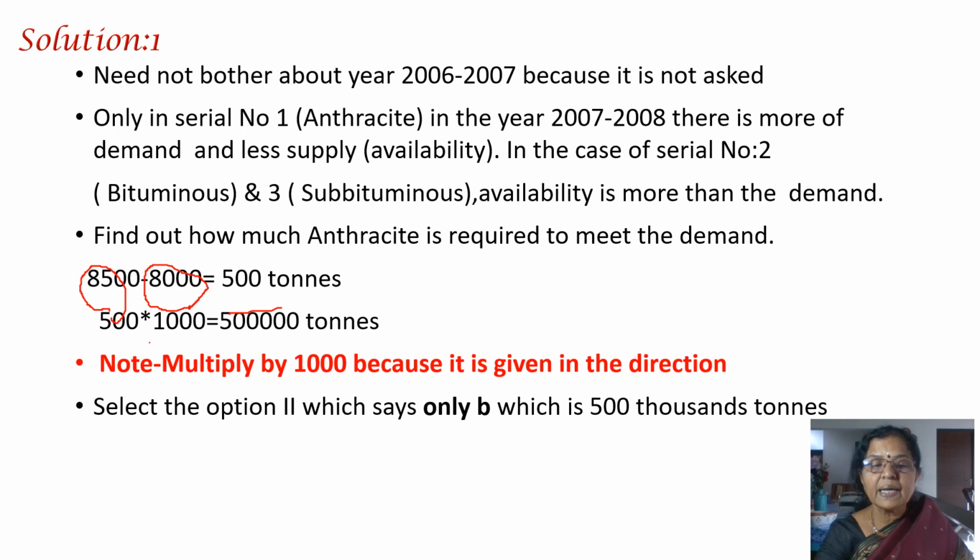And note that everything is in 1,000, so multiply it by 1,000 because the note is given there. All the figures are in 1,000. So 500 into 1,000, 500,000 tons are required to meet the demand. So which is that option? B. So B is the correct answer, which says 500,000.